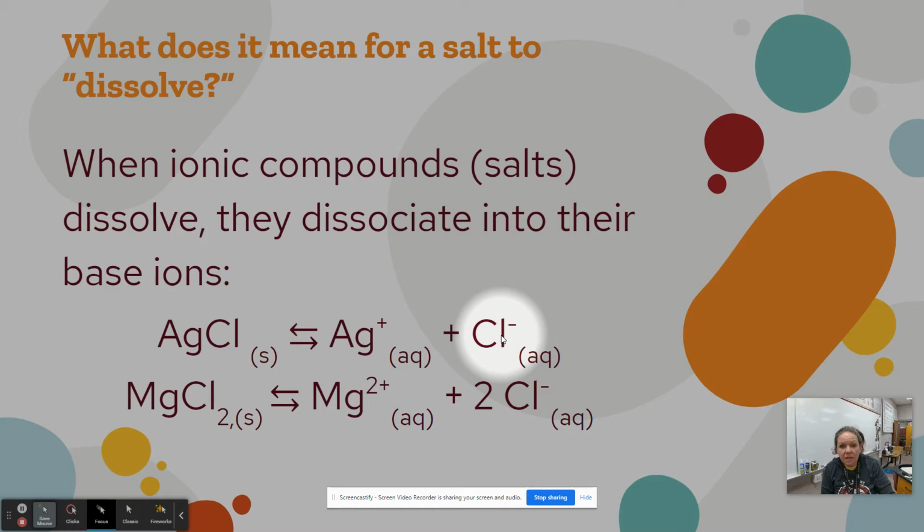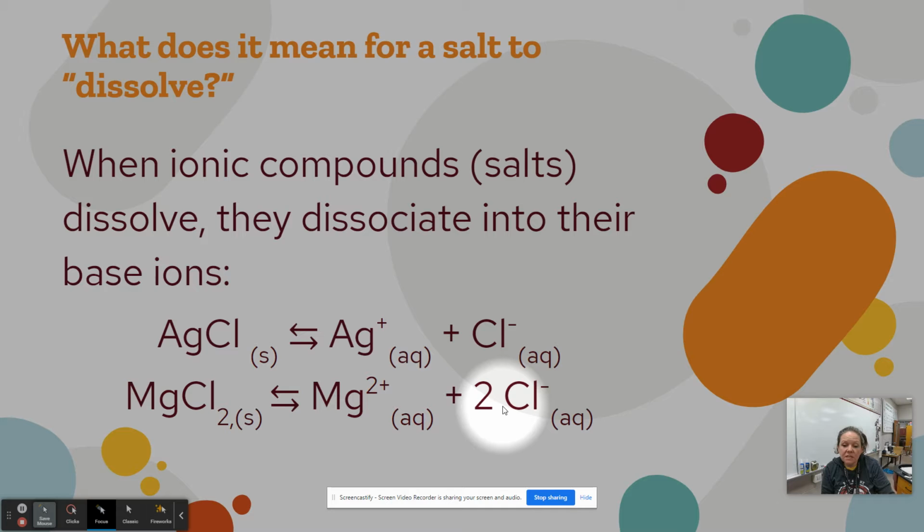Remember that you can find the charge for the ions by looking at the periodic table at what group they're on. The other example we have here is magnesium chloride, which is a solid. You add the water and it goes back and forth into magnesium 2+ aqueous plus Cl negative aqueous. You see that we have two chlorines here, and you have to do that because that means this equation is now balanced.